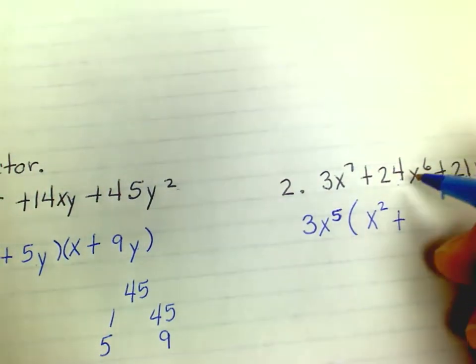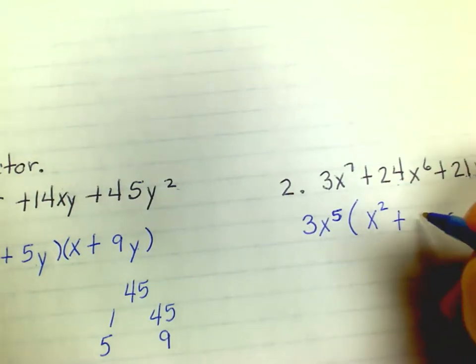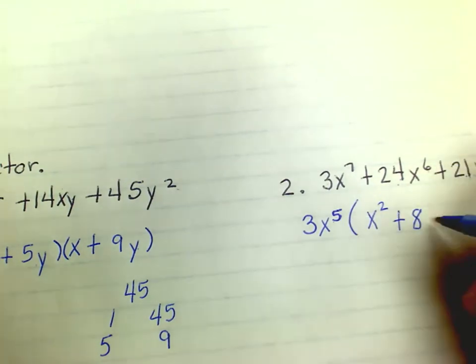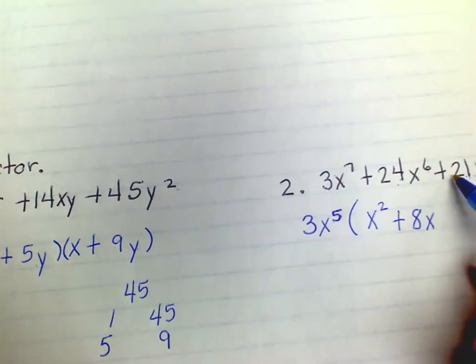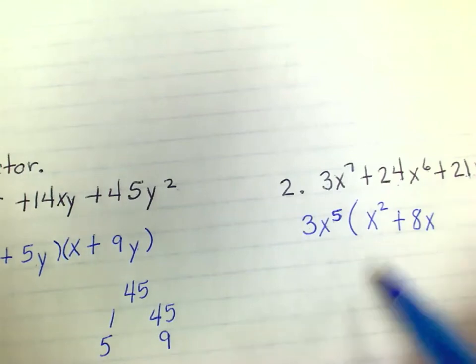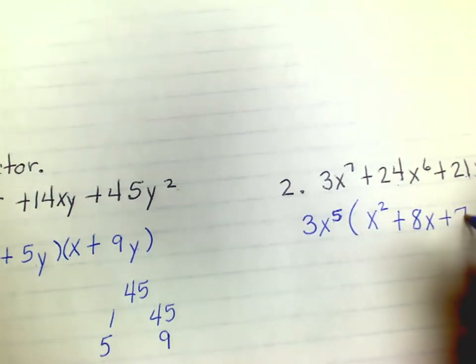Plus 24 divided by 3, that is 8. And when we say x to the 6th divided by x to the 5th, we're just using the quotient property to get x to the 1st power, or just a plain x. And finally, 21x to the 5th divided by 3x to the 5th. The x to the 5ths both cancel, leaving us with 21 divided by 3, or just a positive 7.